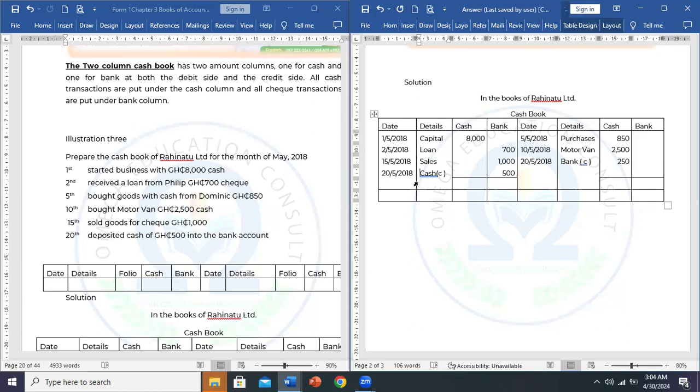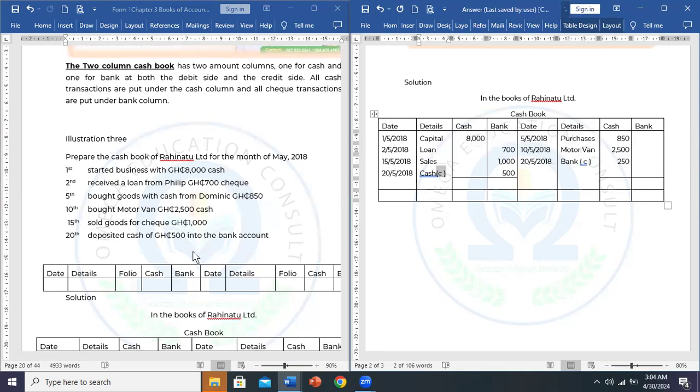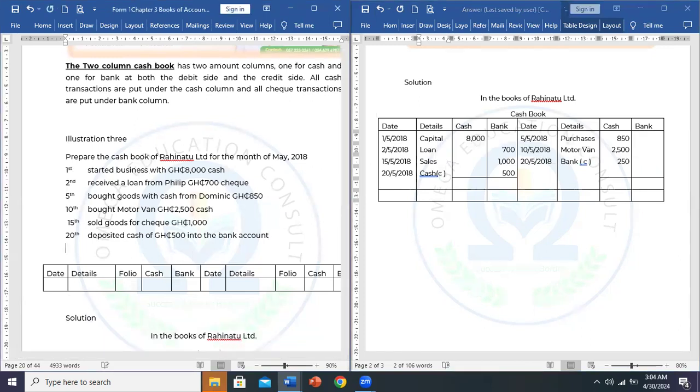In each case, you analyze the receipt and the payment, and you debit and credit at the same time and introduce this symbol, a C in a bracket, to notify the reader that there is a contra entry. I hope it makes sense now. Please jot this somewhere because it could be examined.